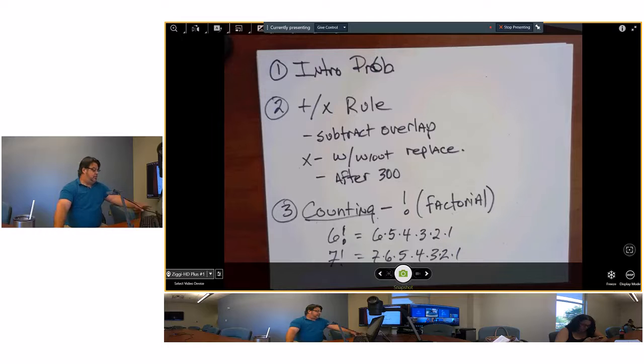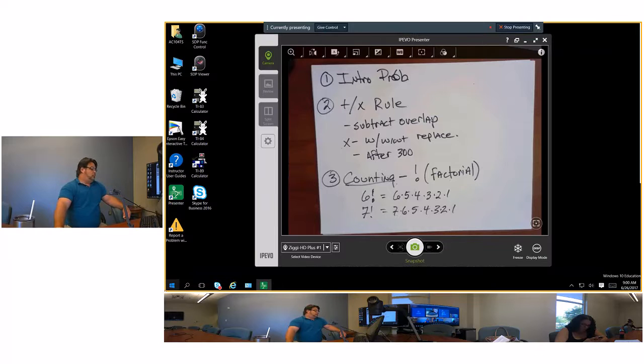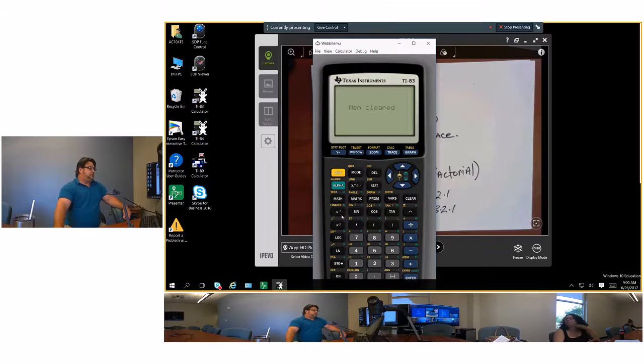Let me pull up the handy dandy calculator. There it is, TI-83. And I'm going to say 7, math, go over to probability, go down to factorial, hit enter, and enter. 5,040.